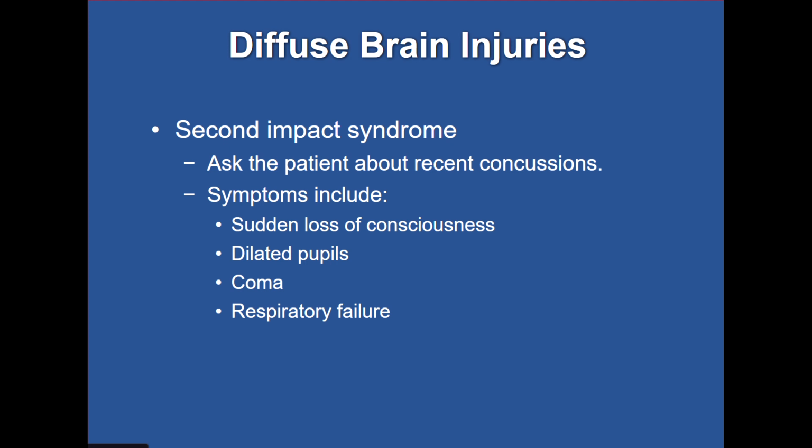It doesn't have to be some extreme force that causes this. It's just compounded by the fact that the brain was already injured, and now it was injured again. So this can commonly occur within 7 to 10 days of that previous concussion. Somebody who has this history should definitely be transported because their risk of deterioration is high.